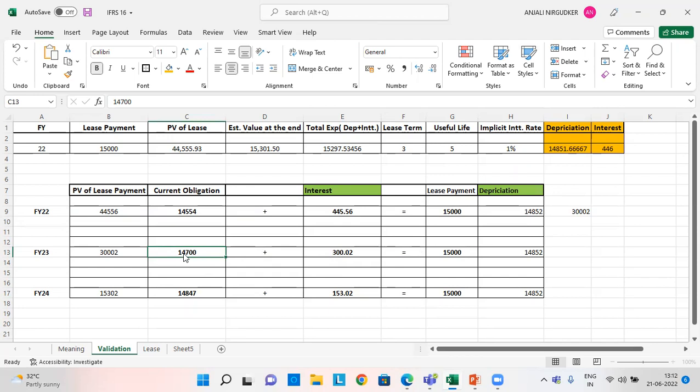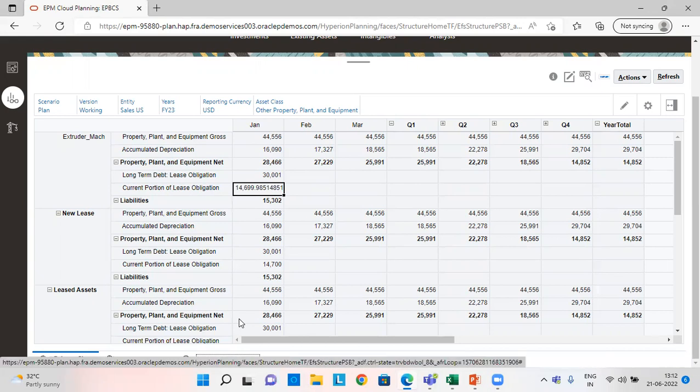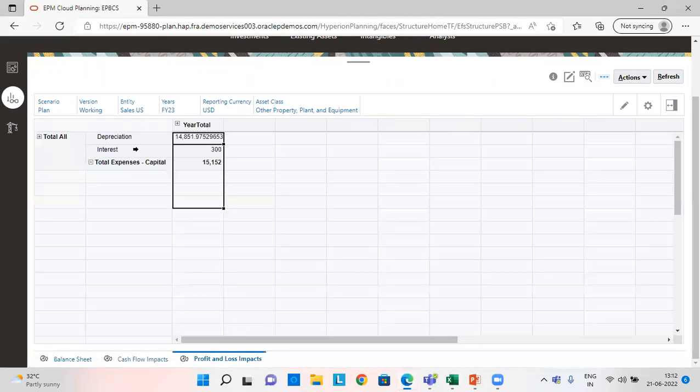So this figure also gets validated, and it is also in our application, as you can see here, as the current portion of lease obligation. Now let's check the interest amount in the profit and loss account. This is FY23, and we can clearly see the interest amount as 300, and depreciation will be the same.